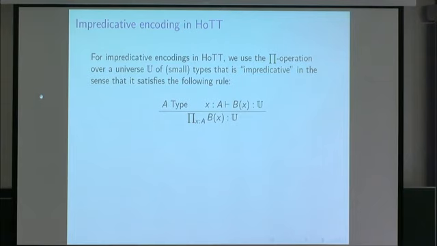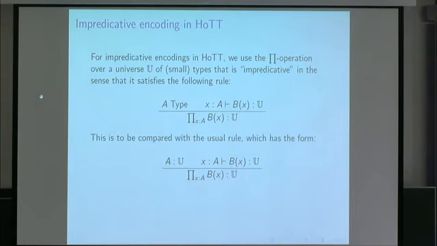This is to be compared with the usual rule, which also requires the indexing type to be in U, to be small. So that's the usual rule in Martin-Löf type theory, which says that the universe is closed under taking products of families of small types indexed over a small type.